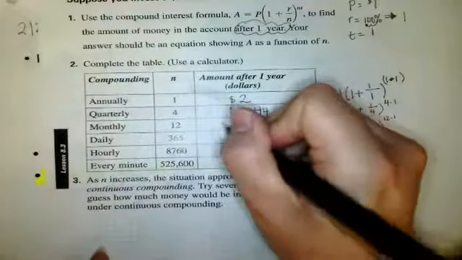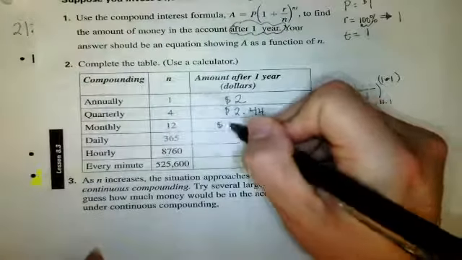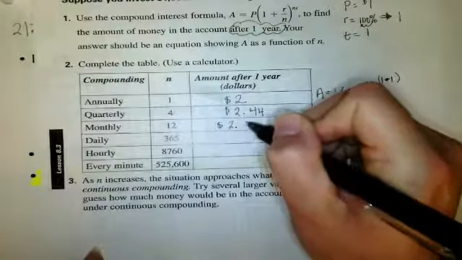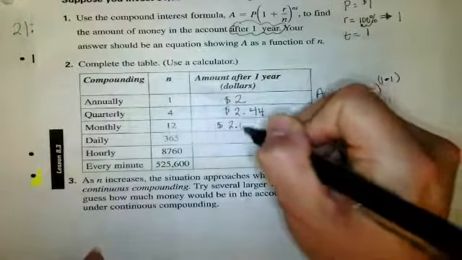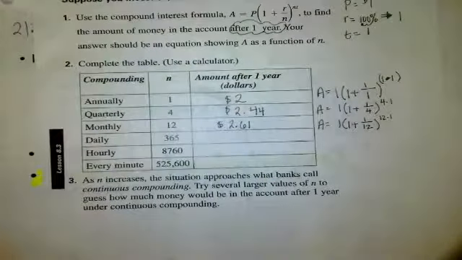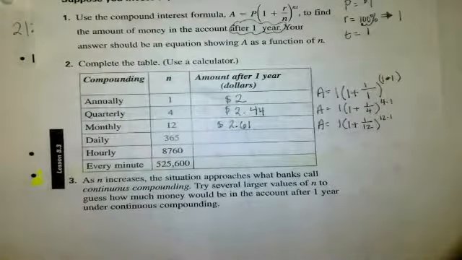We get $2.61. All right, 2.61. So what's happening the more often we compound? We get more money. Yeah, so the more we compound, the more money we make.